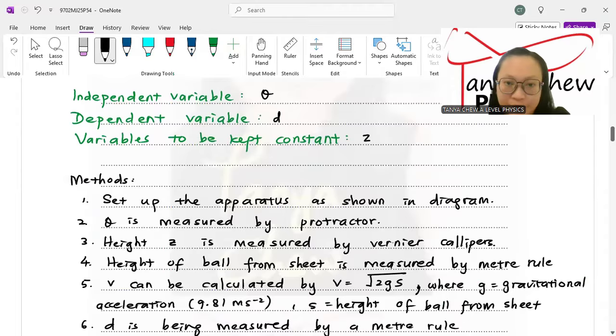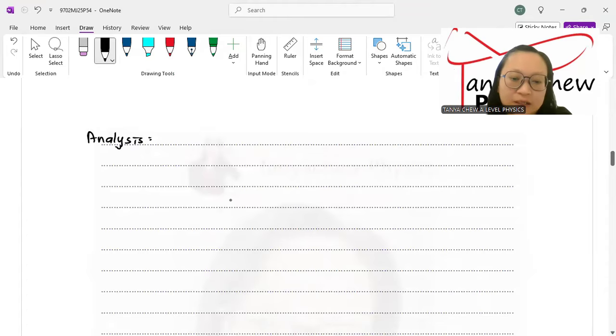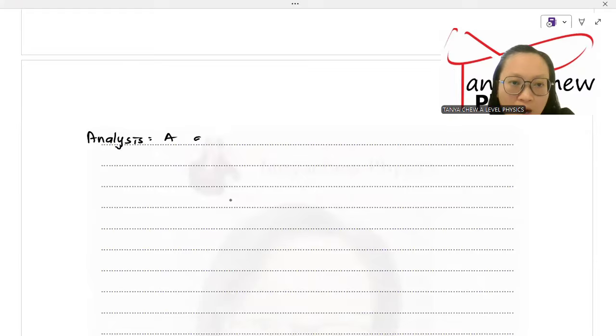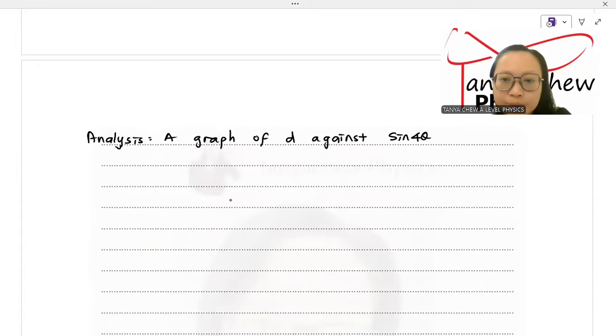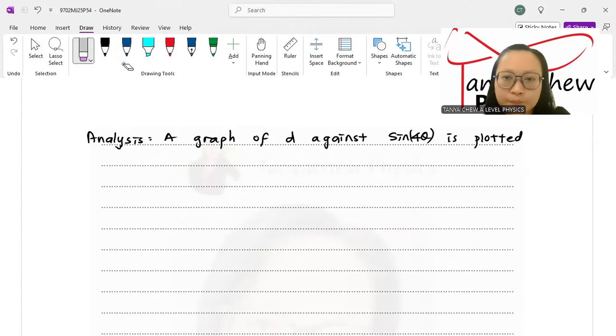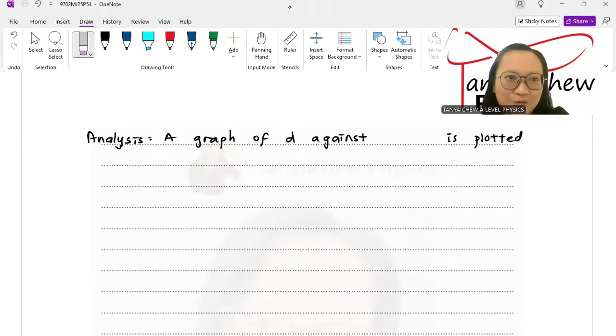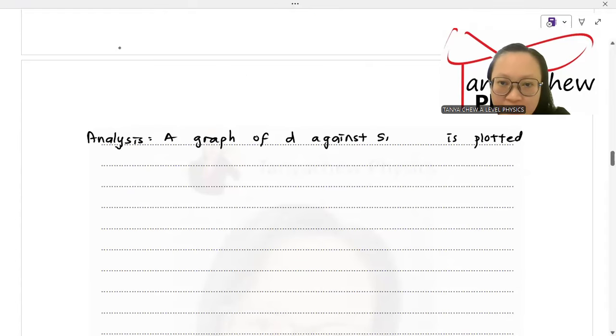To make things easier, I'm going to say a graph of D against sine 4 theta is plotted. I'm going to put a bracket here, sine 4 theta, 4 times the theta. Sine 4 times the theta bracket is plotted, done.